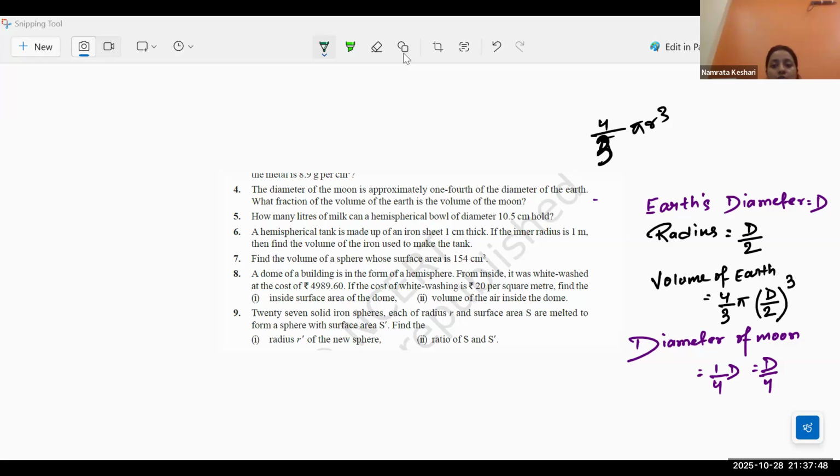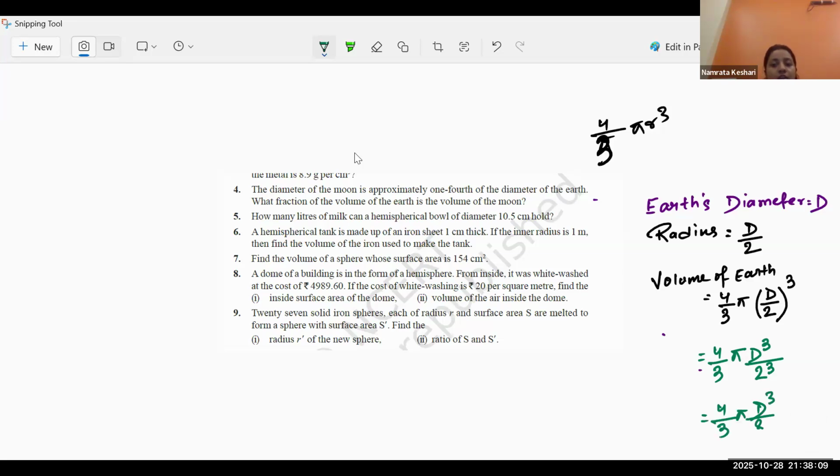See, this is nothing but 4 by 3 pi, and this will be d cube by 2 cube, right? Yes, ma'am. That means 4 by 3 pi d cube by 8. 4 and 4 are gone, so basically you have pi d cube by 3 times 6. Clear?